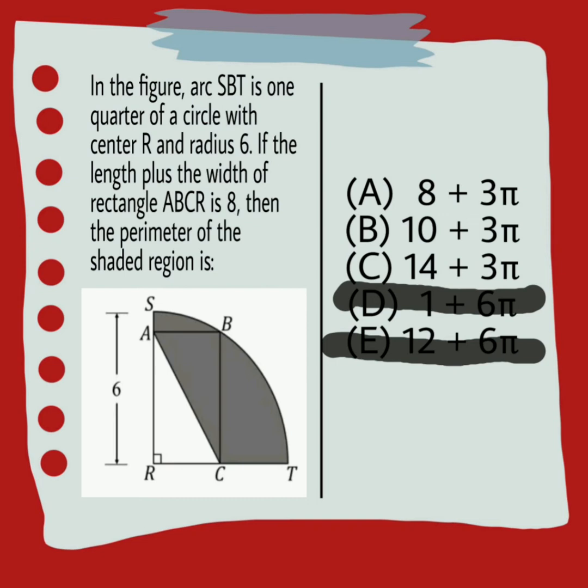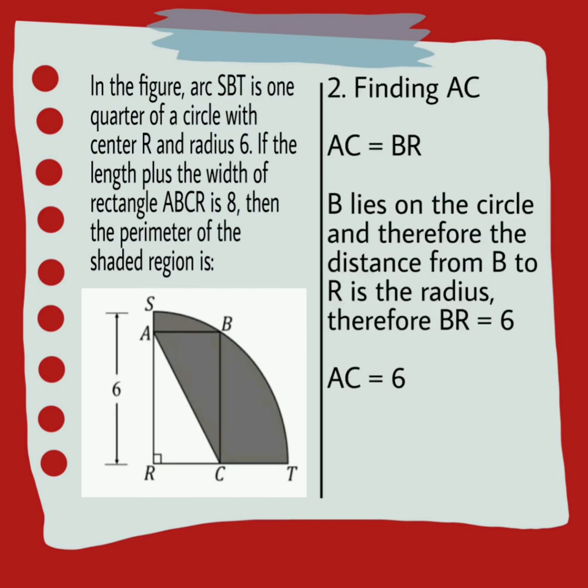The rest we've got here is SA, AC, and CT. Those are the other line segments that we need to solve for, so we're going to have to employ some other information that they've given us. Let's start out by solving for AC. There's another length that's going to be the same as AC, and that's BR. In any rectangle, the diagonals are always the same length.